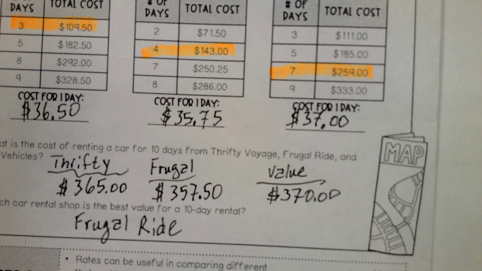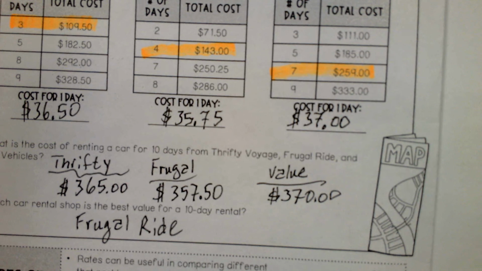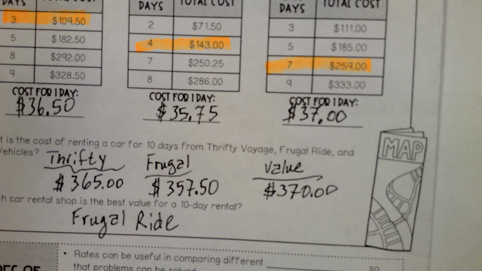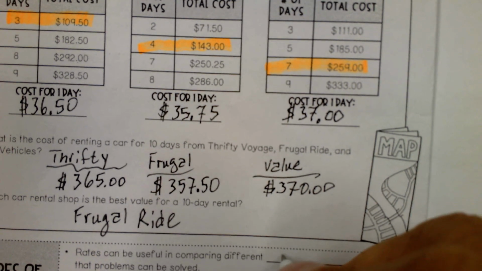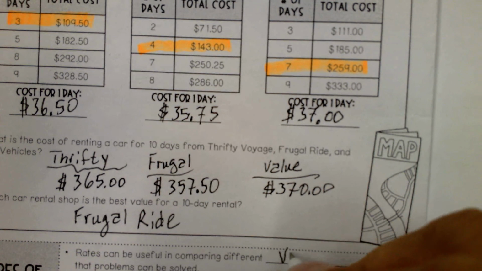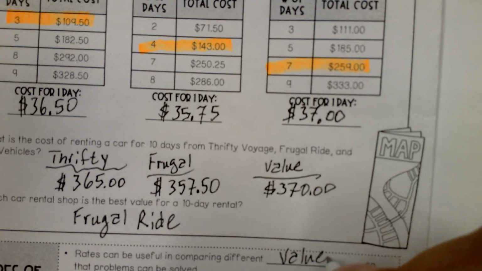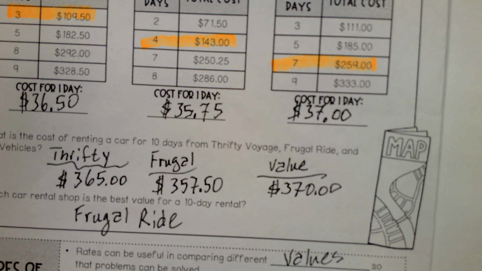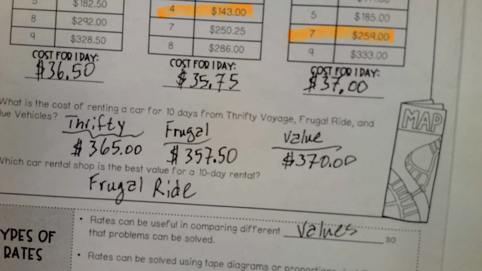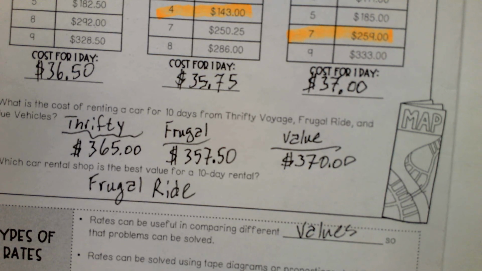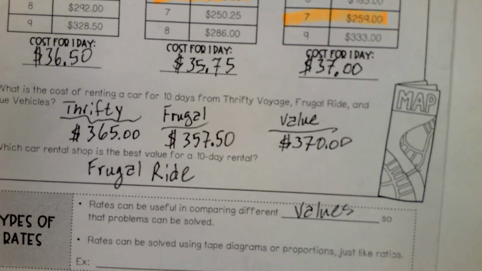So now let's look at some types of rates. Rates can be useful for comparing different quantities, values, either one of those words is good, so that problems can be solved. Rates can be solved using tape diagrams or proportions, just like ratios.